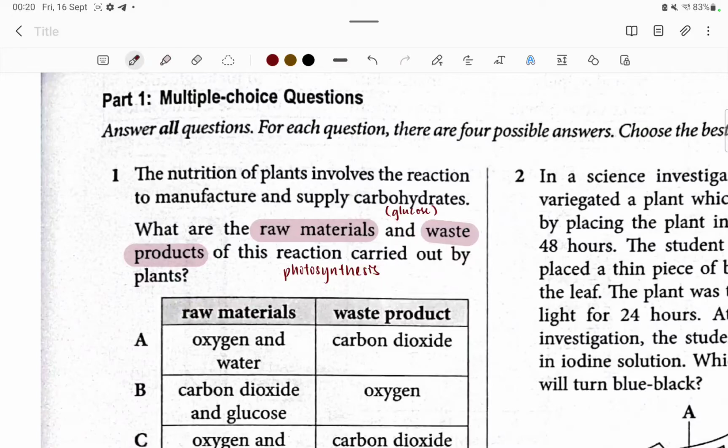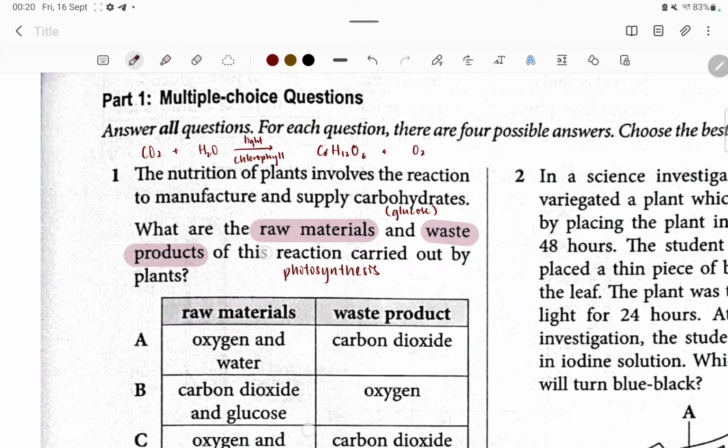This one should be carbon dioxide plus water, and then with light and chlorophyll you will get glucose, C6H12O6, plus O2.